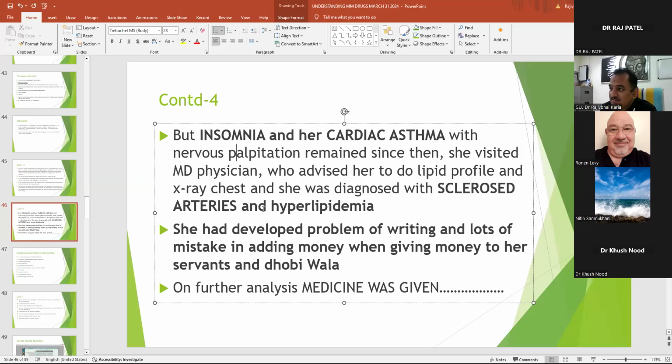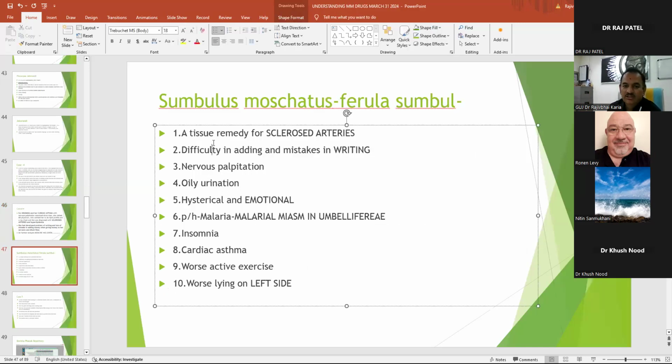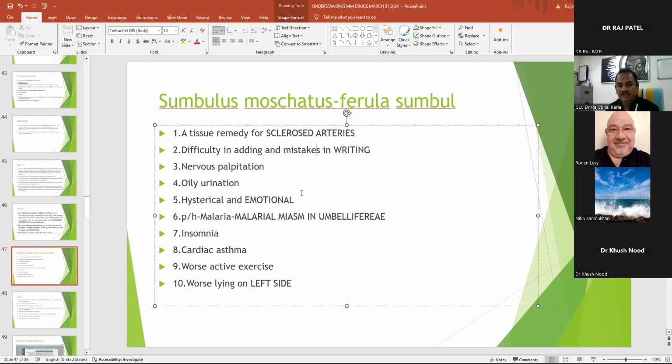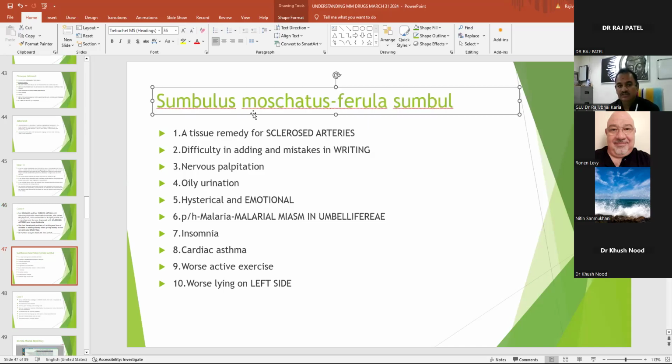What is moschus? Deer, no? Primitive deer. So what is the common name? Sumbulus moschatus, Ferula sumbul. This has this peculiar symptom. Please read this remedy. This is a tissue remedy for sclerosed artery. Sumbulus moschatus.